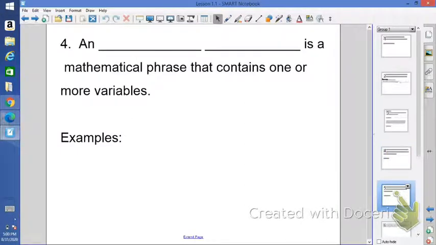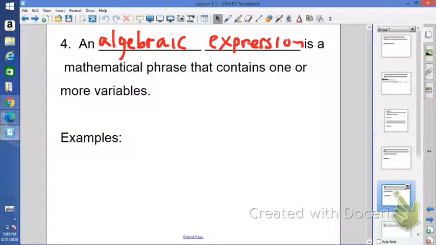An algebraic expression is a mathematical phrase that contains one or more variables.